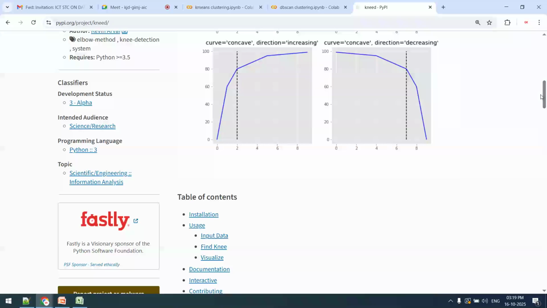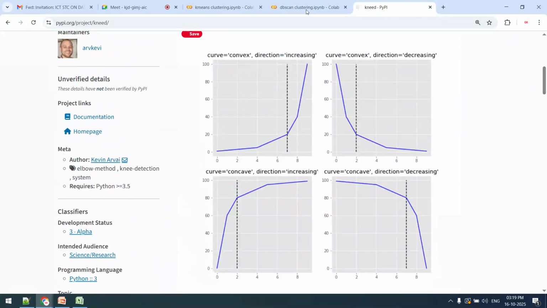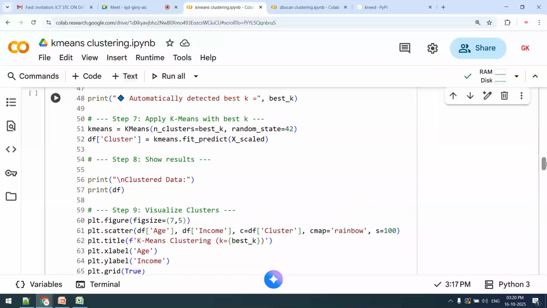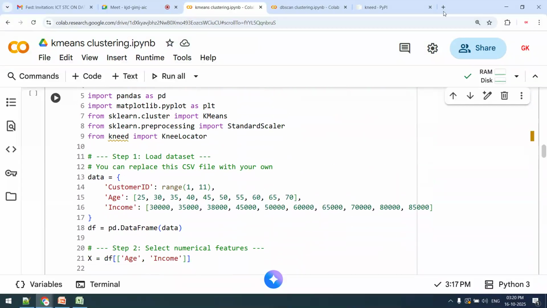In K-means, for example, we have some data set, and we see at which specific point there is a big diversion. So the knee approach or knee locator will decide the optimal number of clusters. It means with this approach there is no need to specify the value of k. The value of k will be decided with this package.